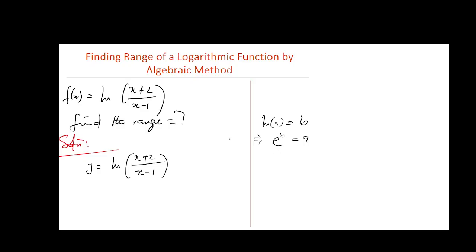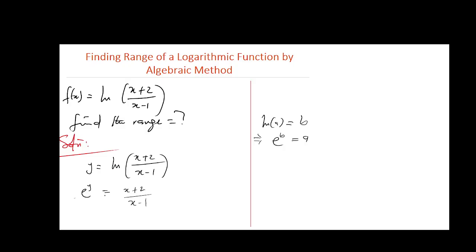If we apply the same logic here, we are going to have that exponential of y, e to the power of y, will give us x plus 2 all over x minus 1.